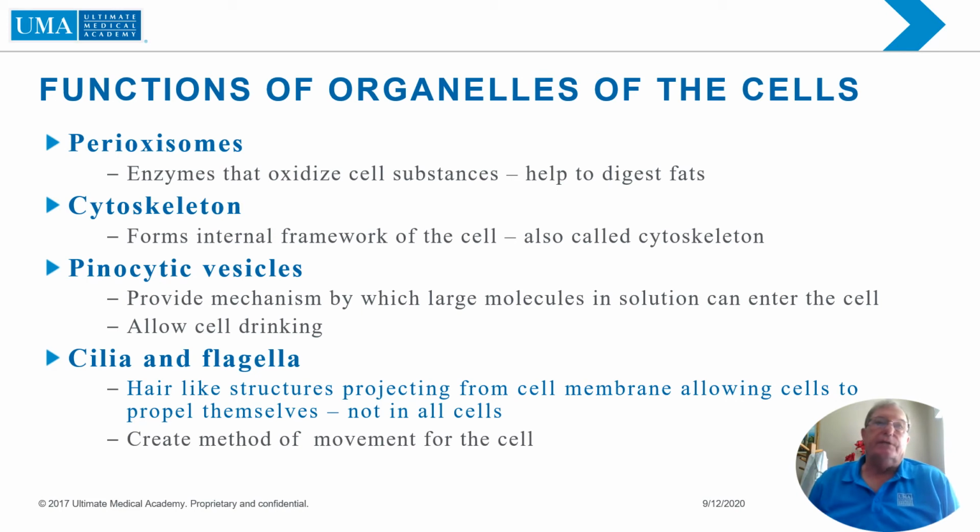We have the cytoskeleton, an internal network that supports transport of intracellular components and helps maintain the cell's shape. Another thing, you have the cilia and the flagella, which are motility structures that allow single-celled or multicellular organisms to transport themselves in a fluid environment.